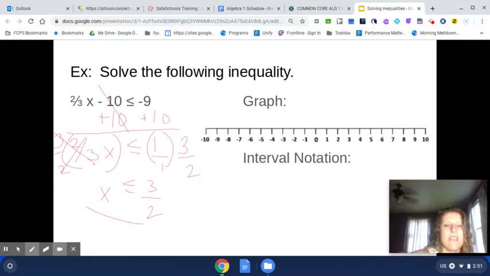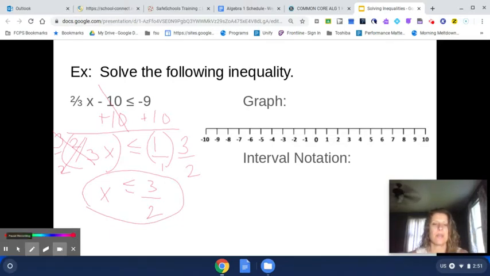So I have the inequality x is less than or equal to 3 halves. Now, notice we did not reverse the inequality on that one because we did not multiply or divide by a negative value. We multiplied by a positive value. So we do not reverse the sign if we multiply by a positive value.